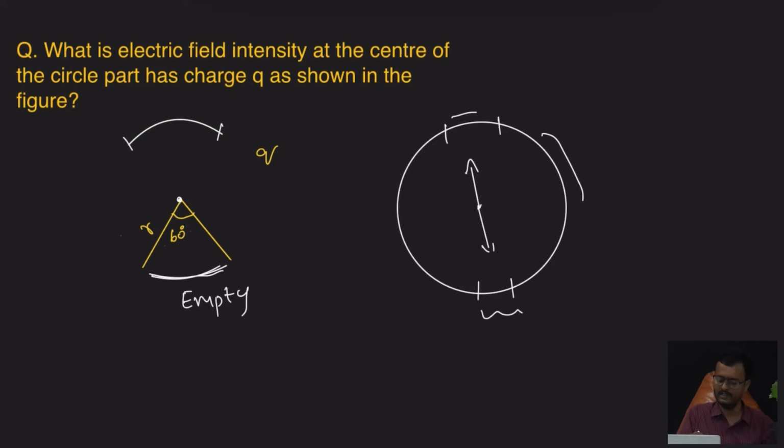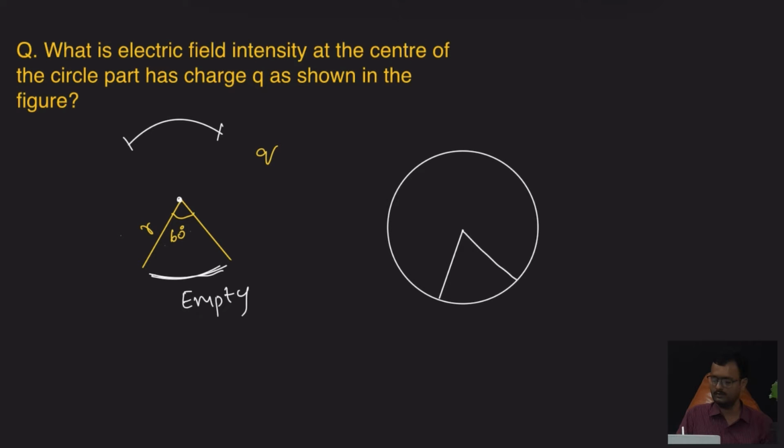The electric field intensity is due to only this part. So what is this charge? What is the total charge on this one? Given here 60 degrees, it has an exactly opposite part on the other side of the circle, so it also makes 60 degrees. So what is this charge?